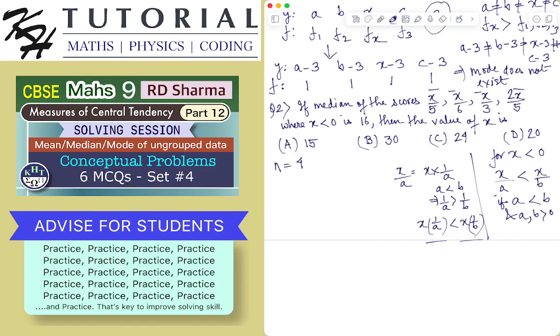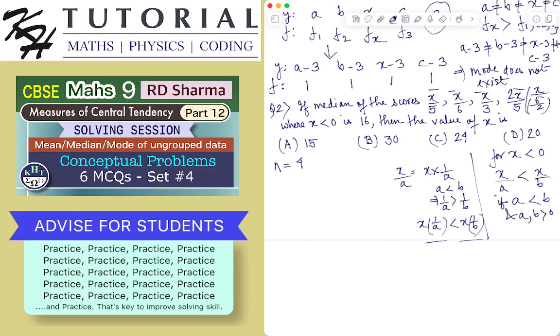Remember, the denominator of the first number is 5, the second number is 6, the third number is 3, and the fourth number, the last number, 2x by 5, you can consider as x by 5 by 2. So the denominator you can consider as 5 by 2, which is 2.5.